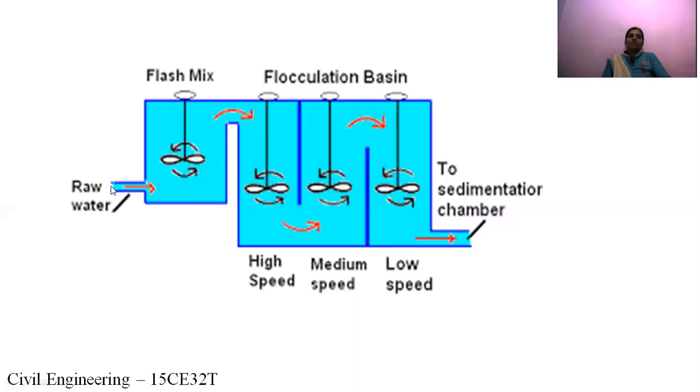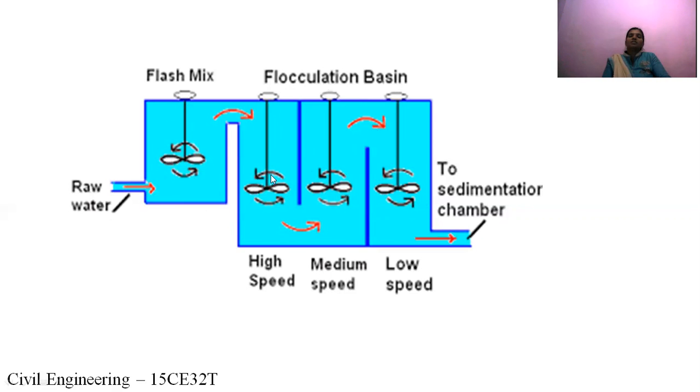Here in this sketch, it is shown that raw water enters into the flash mixer chamber. So here mixing will be done. After thorough mixing, the next operation is flocculation. The flocculation will be done here in the basin.